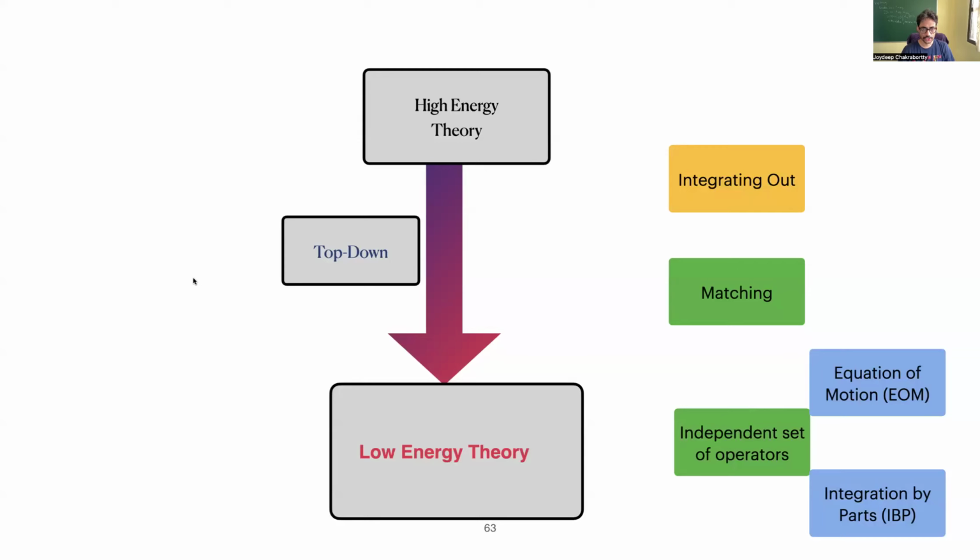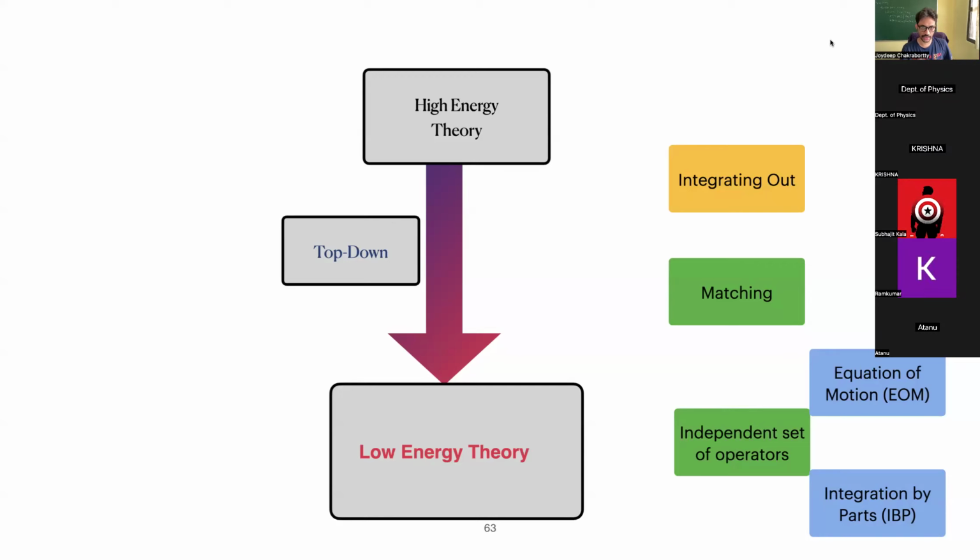Thank you. So today we'll continue whatever we discussed last time, and we have actually initiated that part. So it's effectively integrating out those heavy fields. Let me summarize that part. You start with the UV theory, and then you integrate out those heavy modes.